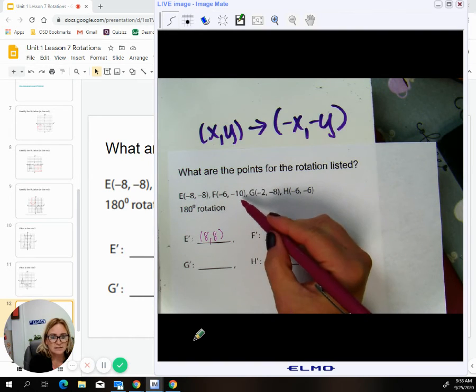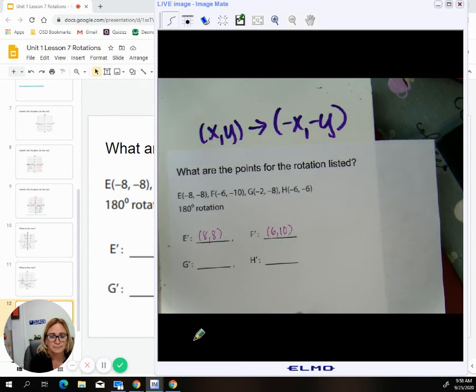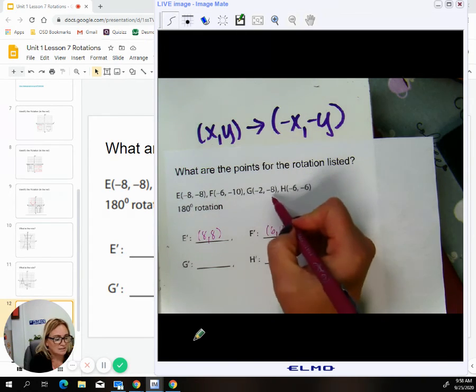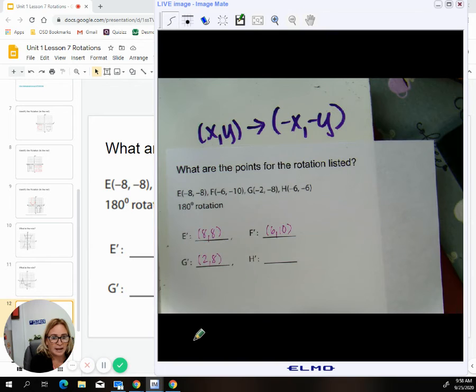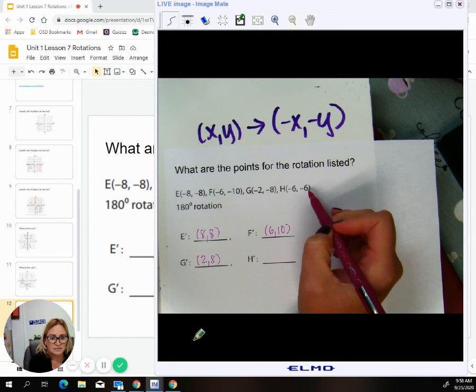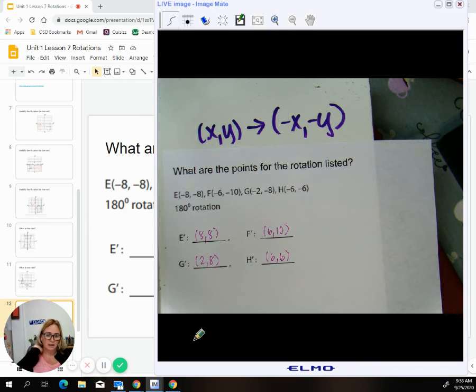And F, instead of being negative 6, negative 10, is now going to be 6, 10. G, instead of being negative 2, negative 8, is going to be just 2, 8. And H, instead of being negative 6 and negative 6, is going to be 6 and 6. So now we have our image from our pre-image for a 180 degree rotation.